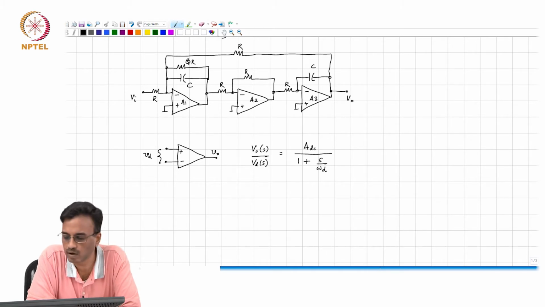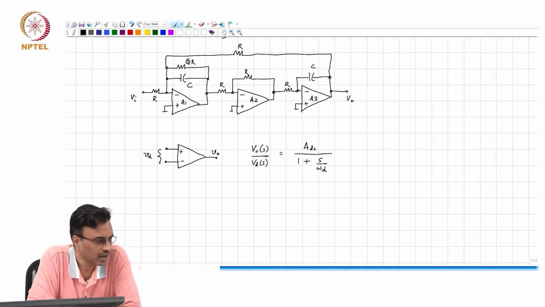Whenever you buy a discrete op amp, a 2-stage Miller compensated op amp is the one that's used. And those of you who've done a course on transistor level circuits should be well aware how this comes about.